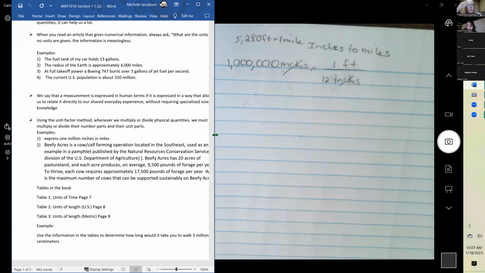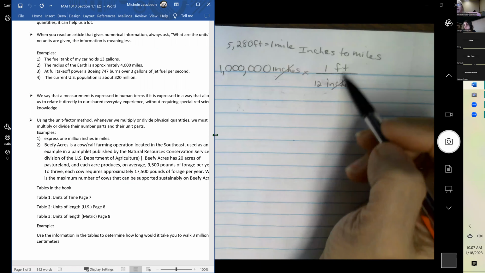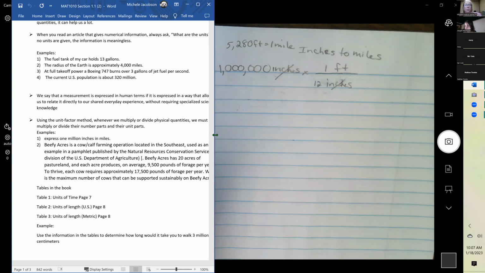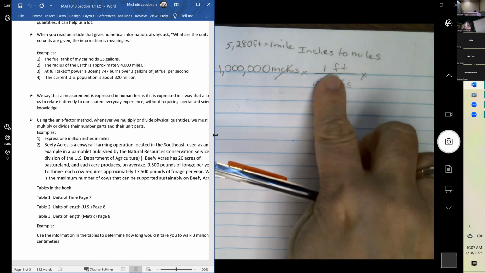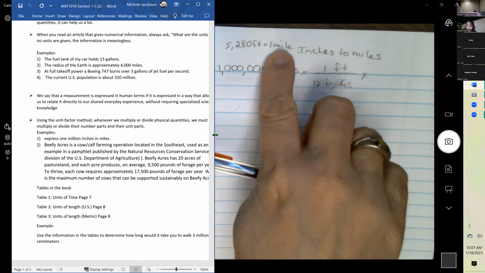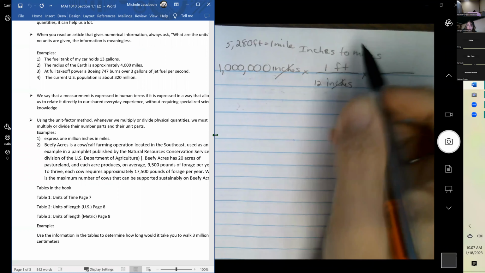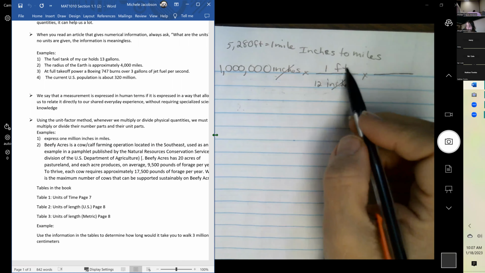So this would be the unit factor method. We're setting up proportions to get to what we want, miles. But by setting it up, we know that we need to divide by this 12 instead of multiply. Now we have feet, and we said we could go from feet to miles. We want feet in the denominator so that they will cancel because this one's on top.